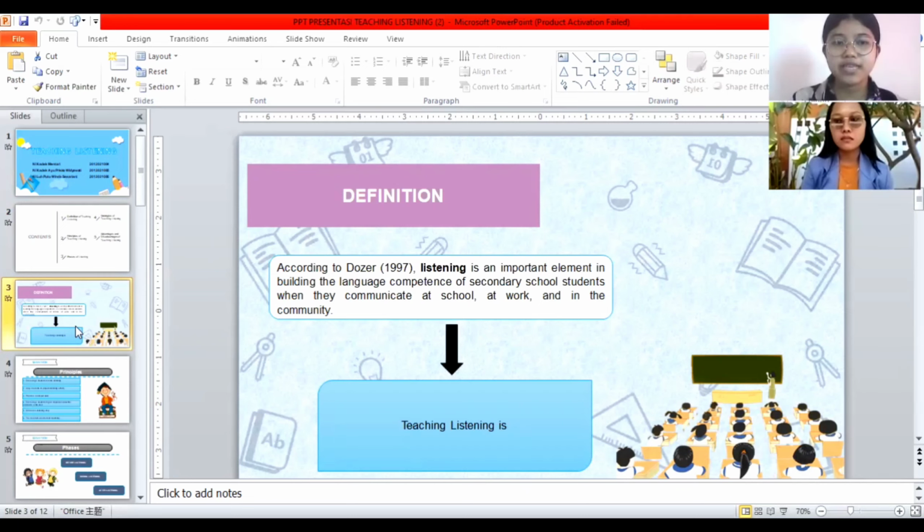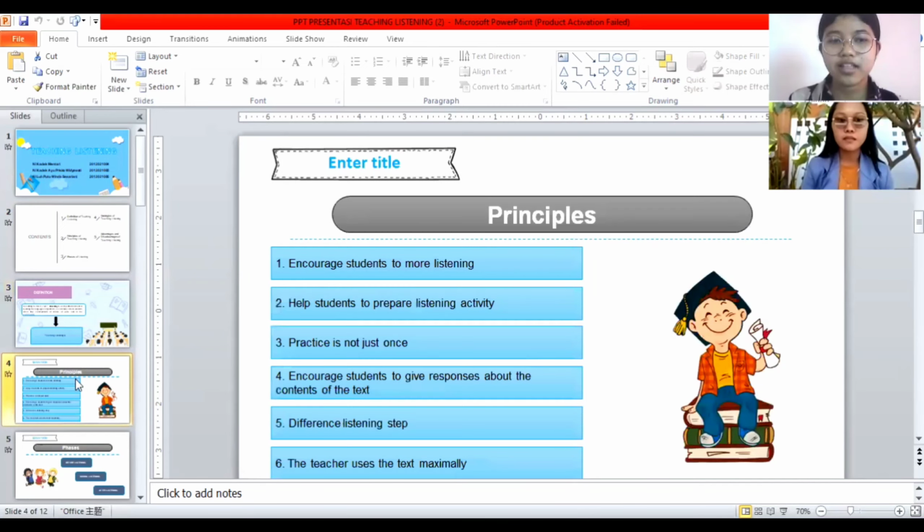All right, everyone. Next, I will explain to you about the principles of teaching listening. As you can see in the slide, there are several principles. The first one is to encourage students to listen more.